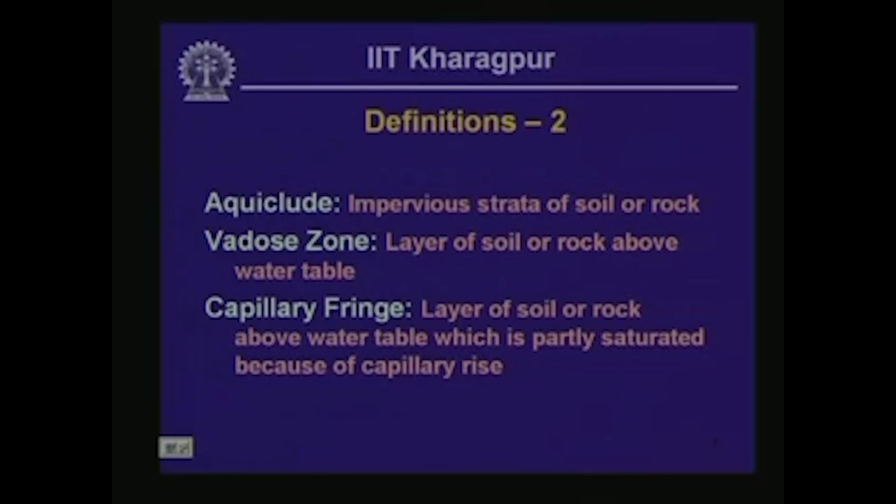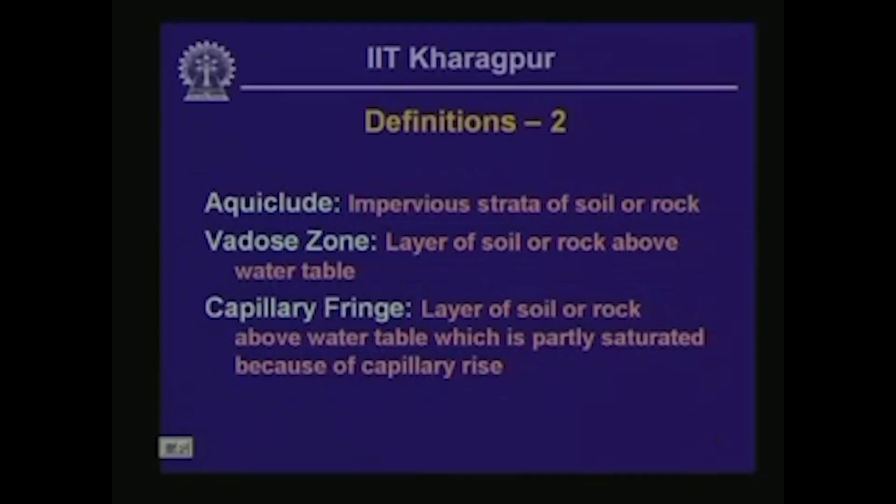Now if you have very fine grained soils, then that particular soil can in fact be substantially saturated even if you are considering an element within the capillary fringe. So what we are going to have in such a case is that a layer above the water table is also, for all practical purposes, going to be saturated.